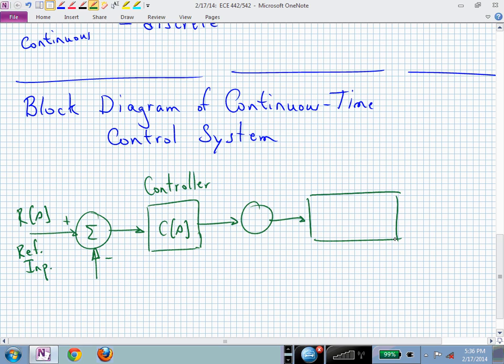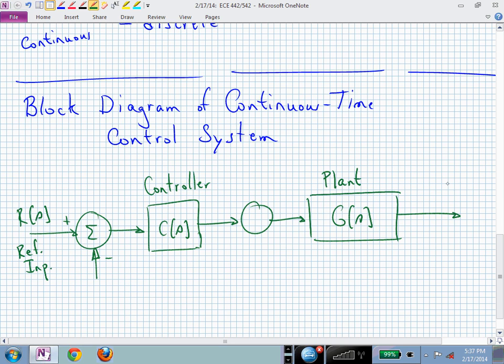Here is our plant, or the system that we are trying to control. That could be a car's suspension, it could be an aircraft's dynamics, longitudinal, maybe lateral, it might be a rocket, it might be something else, an electrical system.